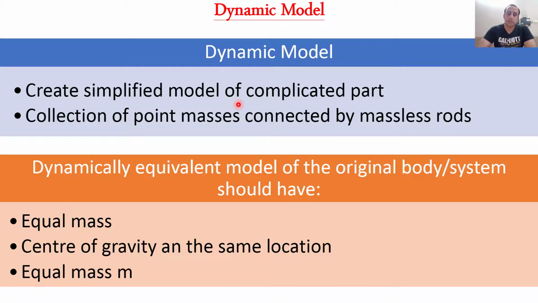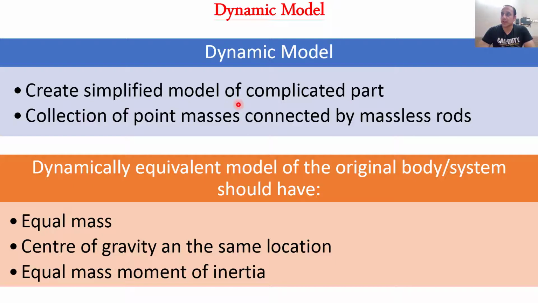Number three is the equal mass moment of inertia. The mass moment of inertia, or the second moment of inertia, of the original system and the dynamic model should be equal. These are the three conditions for the validation of a dynamic model.